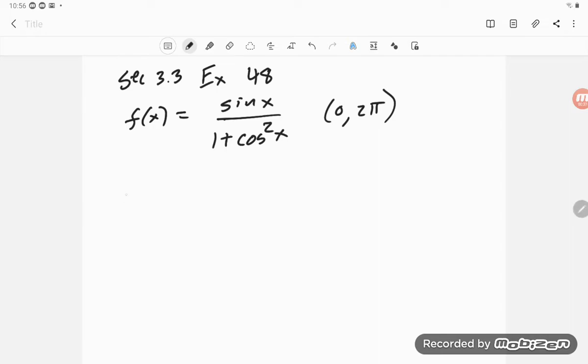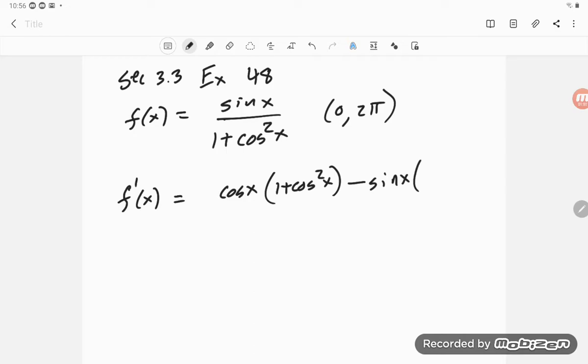Let's see, so we take the derivative. This is not looking fun. Derivative of the top is cosine of x, times the 1 plus cosine squared x, minus the top times the derivative of 1 plus cosine squared.